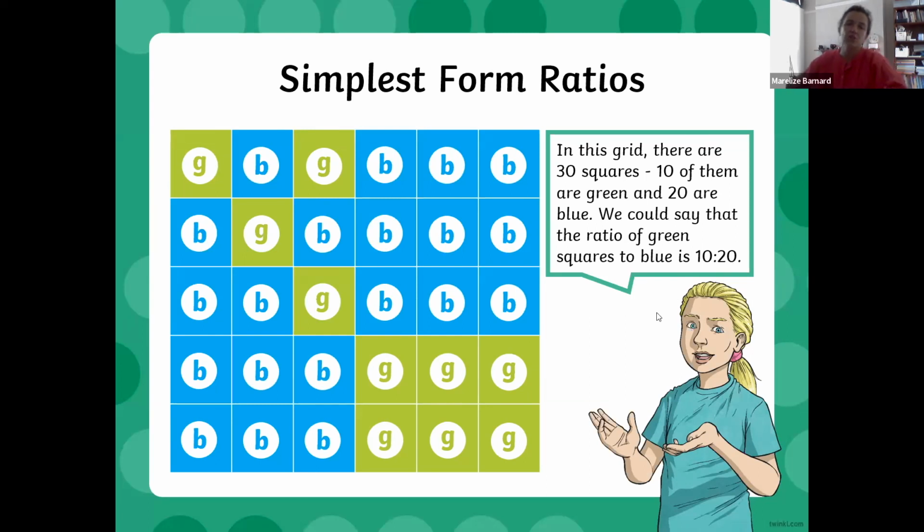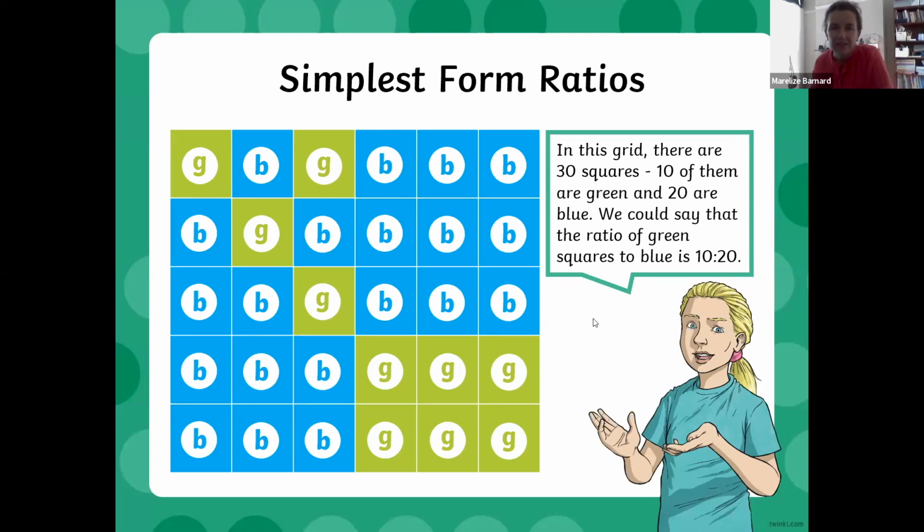What is going to be the ratio in its simplest form? Remember we said what is the highest number that can go into 10 that can also go into 20? People are simplifying, but you're not going all the way yet. I see 1 to 4, I see 2 to 4, I see 5 to 2, but that's not it yet.